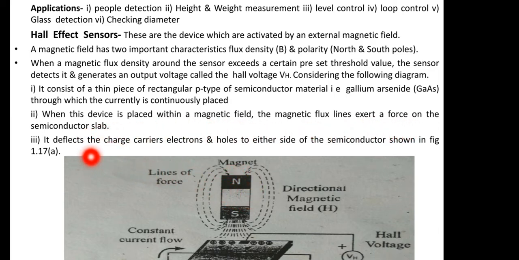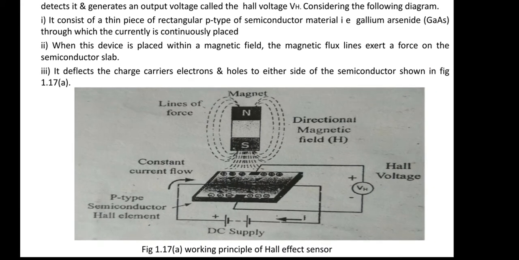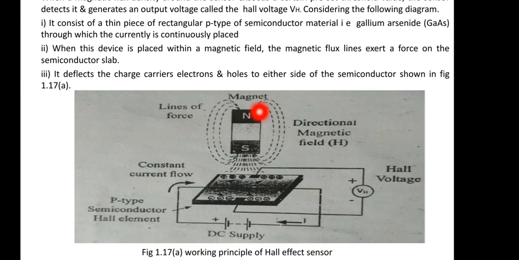So it deflects the charge carriers, that is electrons and holes, to either side of the semiconductor shown in the figure. You see here, when this magnet comes in contact with this plate, because of these magnetic lines of force, the holes, which are positively charged particles, and electrons, which are negatively charged particles, get separated and start flowing.